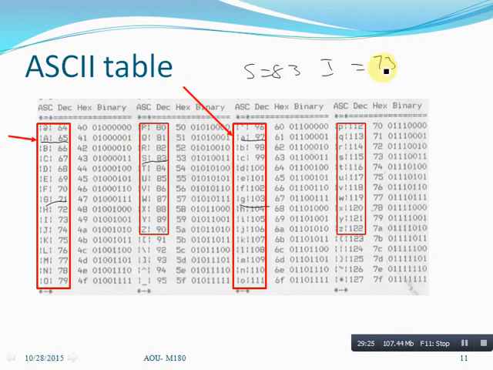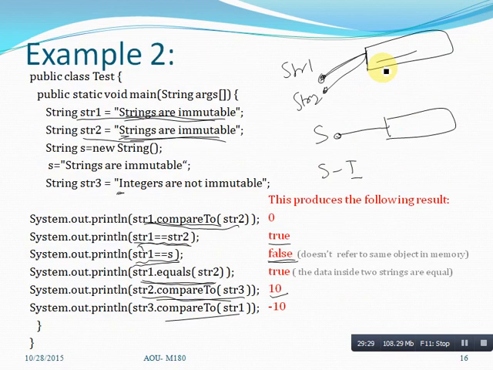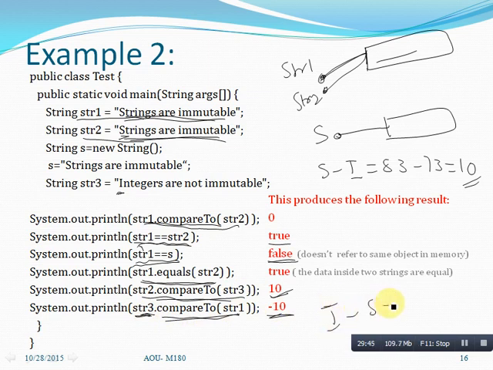So 83 minus 73 will be 10. If you make it opposite, str3.compareTo(str1), of course it is minus 10 because it is I minus S, which is 73 minus 83, which is minus 10.